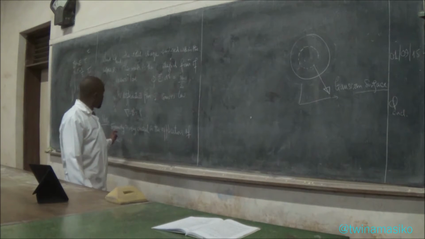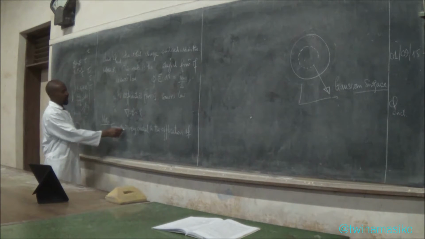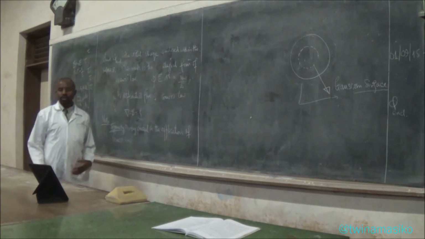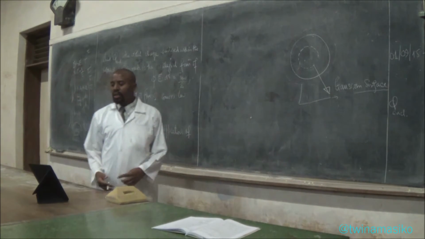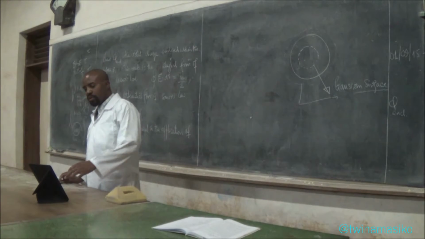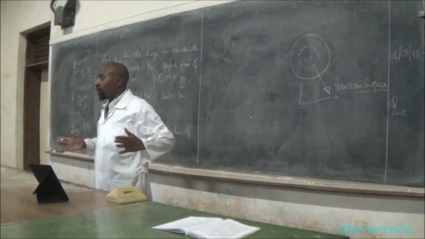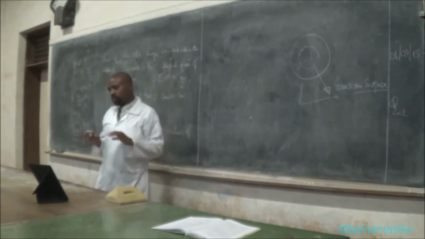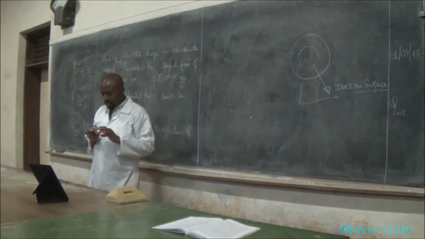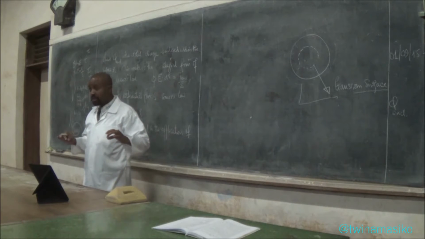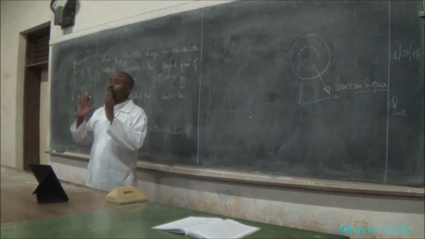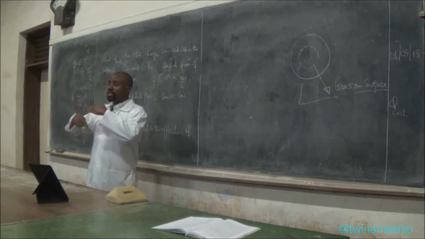That's why symmetry is very important. So we can talk of spherical symmetry, we can talk of azimuthal symmetry, whereby, for example, when you look at the cylinder and you have the charge along the axis of the cylinder, you will have the electric field density coming out on all sides of the cylinder.